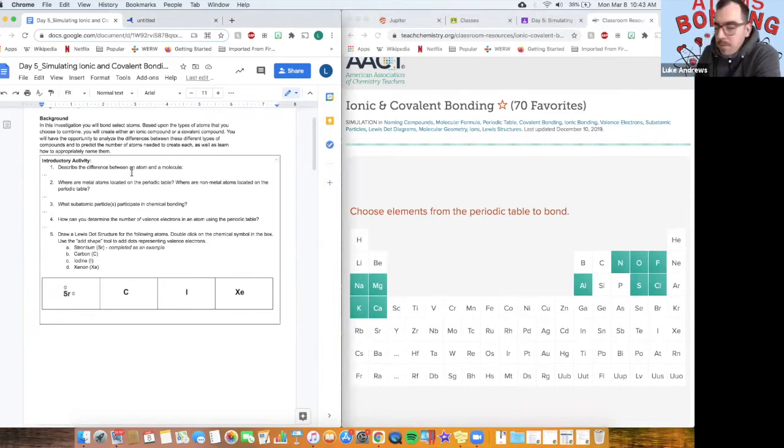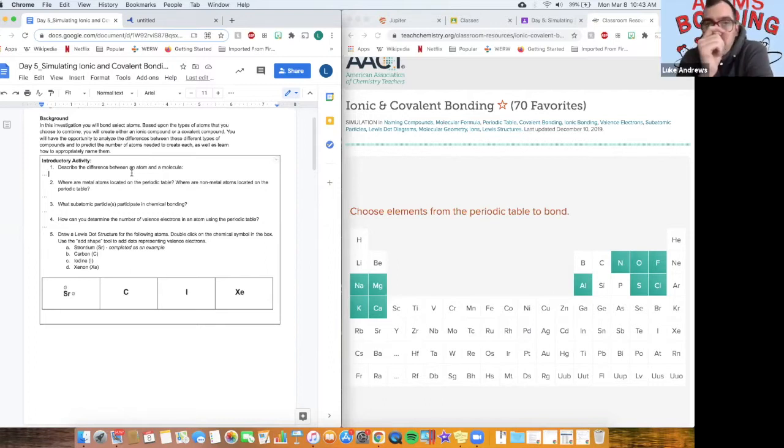Can anybody describe to me, just off the top of their heads, the difference between an atom and a molecule? I said atoms are what make up molecules, and the atoms are smaller than molecules. I mean, you're not wrong. That's true.